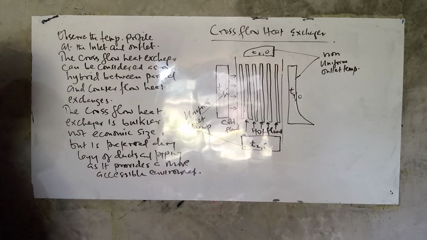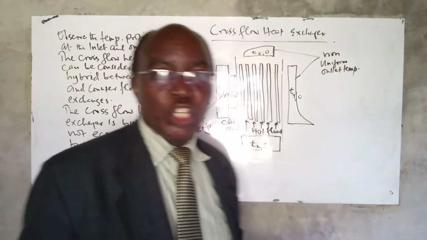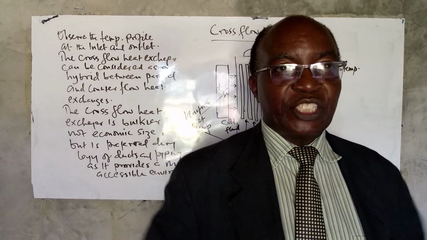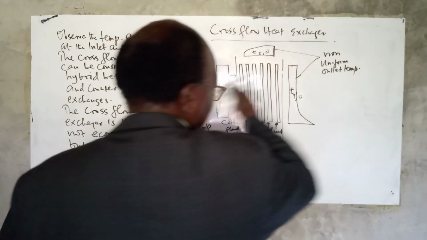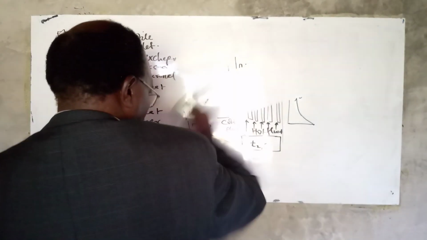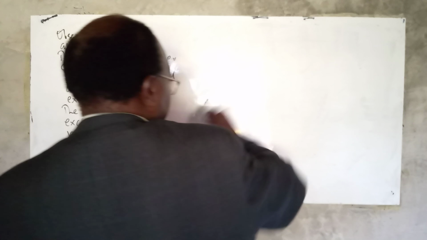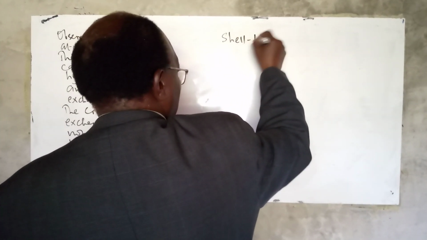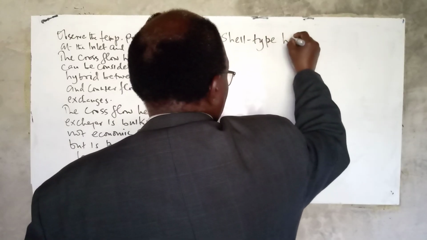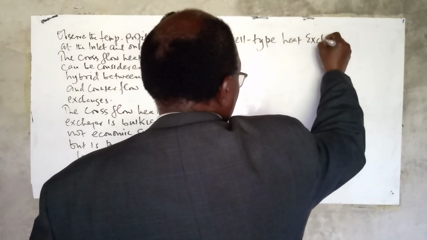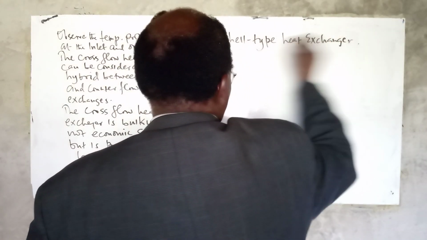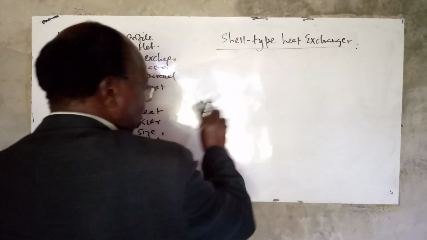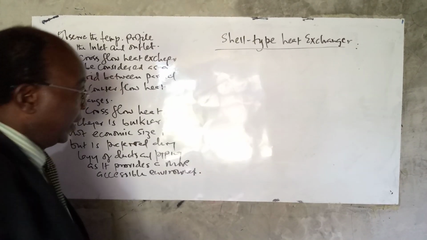Now, the other type of heat exchanger which we want to look at is the shell type heat exchanger. Let's just draw a schematic of the shell type heat exchanger.